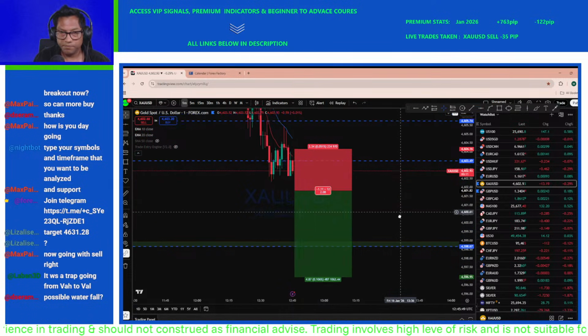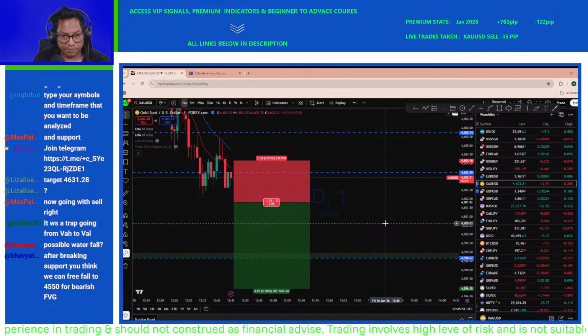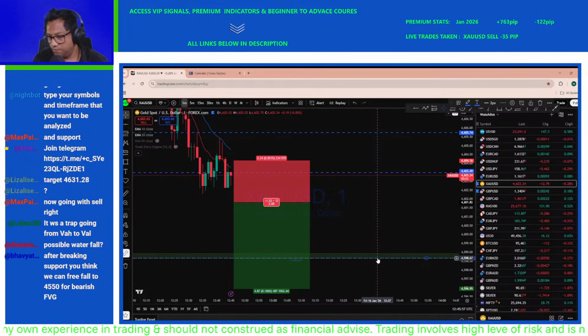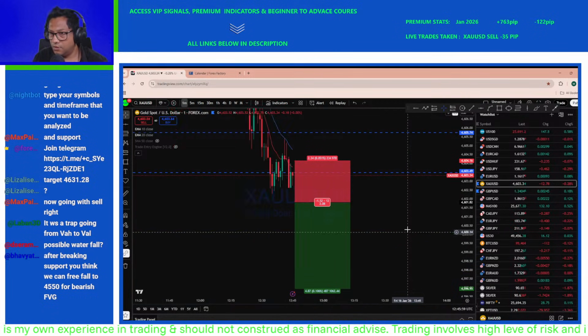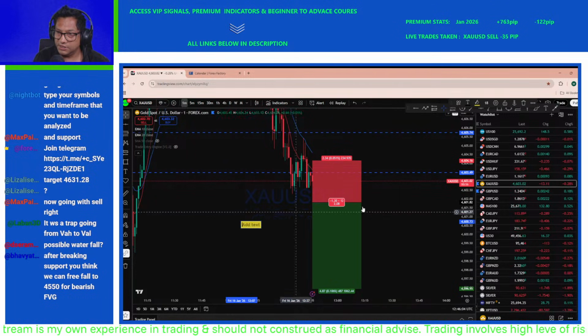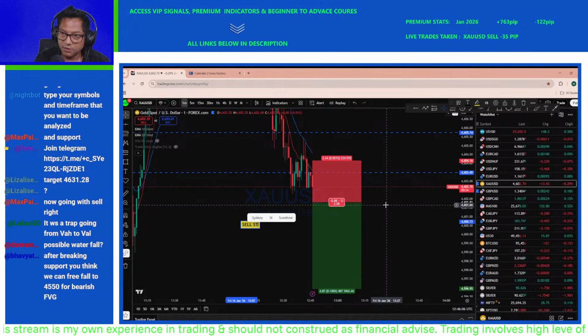Significant gap here. Yeah, this is a bearish FVG. Now, if the market breaks and comes well below, we will be placing this sell stop order.